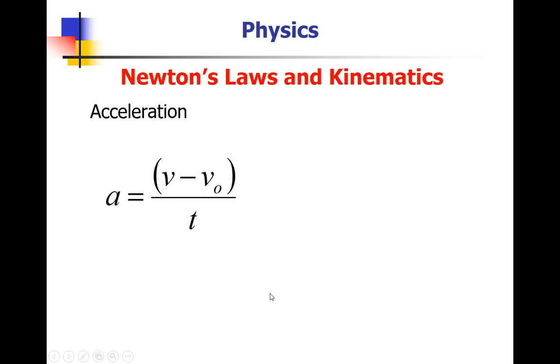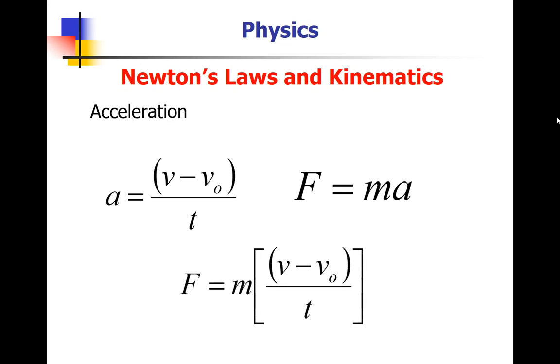Remember from kinematics, a is (v minus v naught) over t. Parentheses are important: final velocity minus initial velocity, divided by time. Combine that with Newton's second law, and with a little algebra, I can solve these problems in only one step: F equals m times the quantity (v minus v naught) over t.